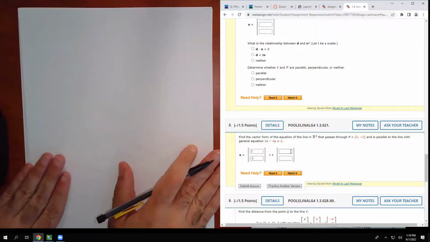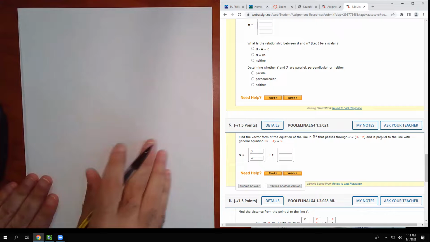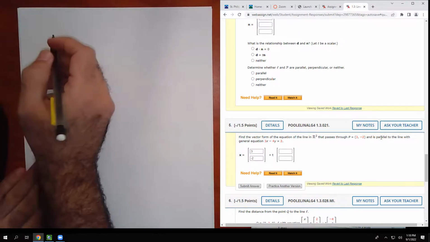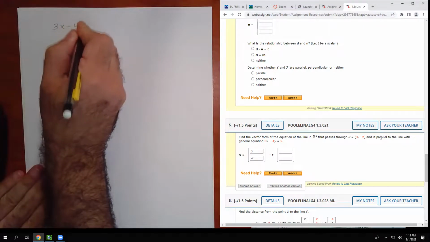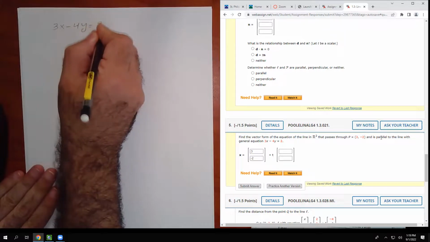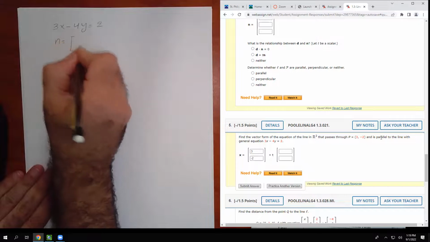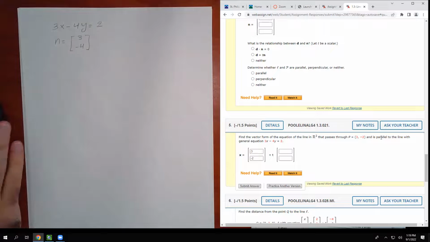So now they're telling you the line is parallel to the plane, 3x minus 4y equals 2. That means I can get the normal vector for this one, which is 3 and -4. Here the point is 3, -2.